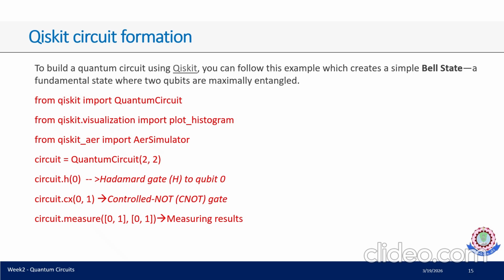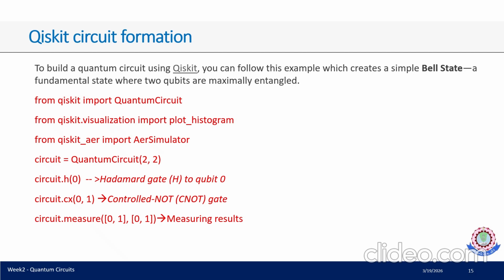So this is the explanation. QuantumCircuit(2, 2) initializes a quantum circuit with 2 qubits and 2 classical bits for measurements. The next line applies the Hadamard gate to qubit 0, putting it into a superposition state of both 0 and 1 simultaneously.